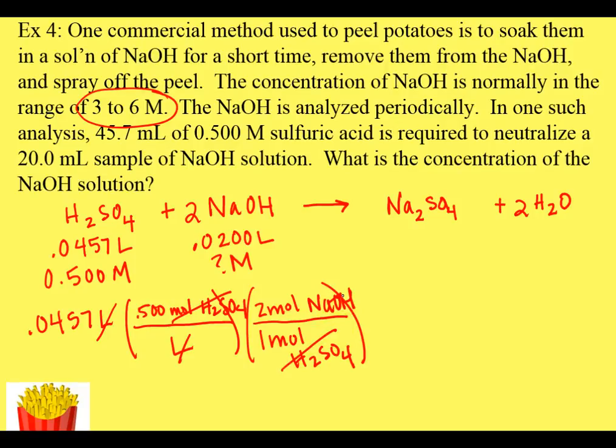And at this point, we can find the number of moles. If you crunch out those numbers, everybody should be doing this along with me, don't be that student. 0.0457 moles of NaOH.